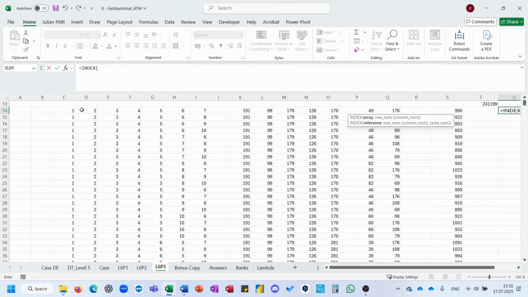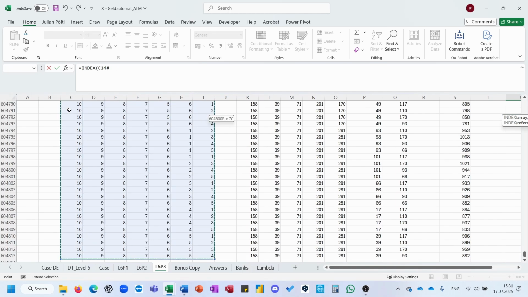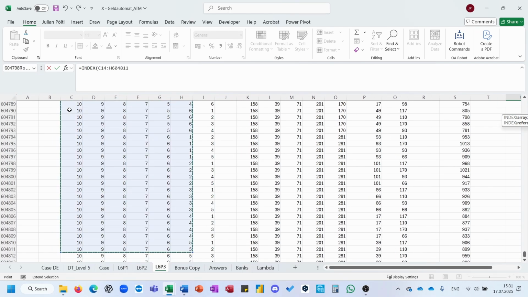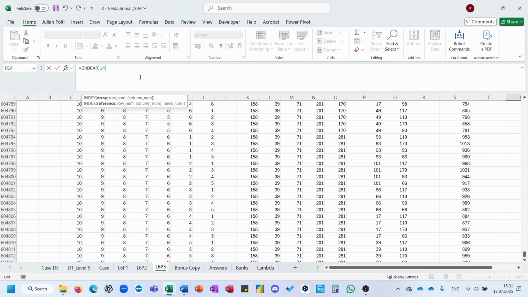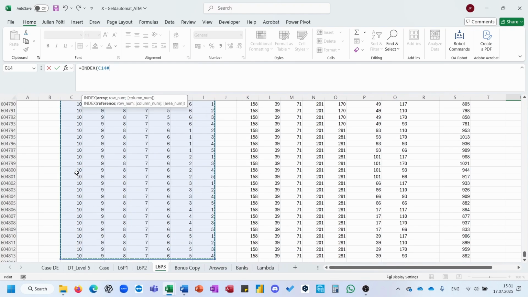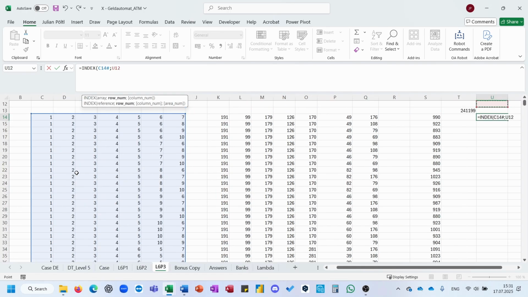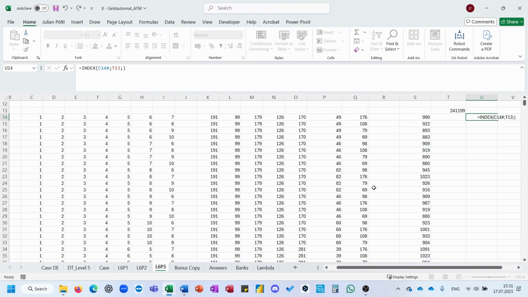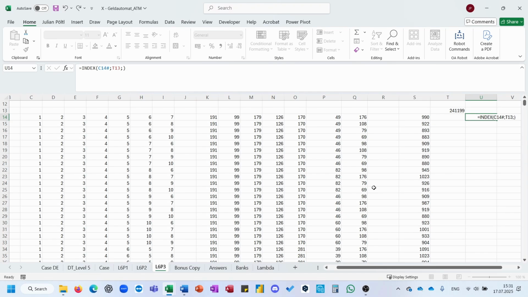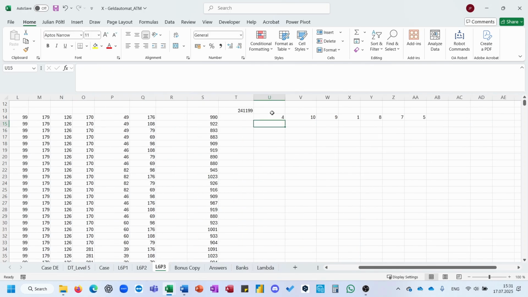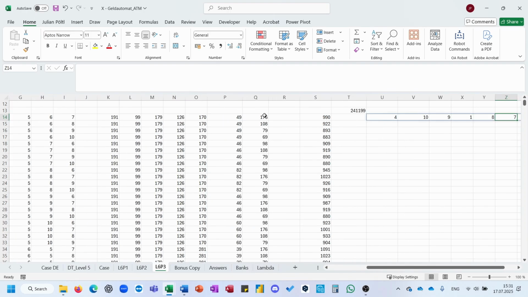Index to get the bank names. No, I was too fast. Whole column. Now we get bank names after some waiting time. I think I should click Control S in the near future.